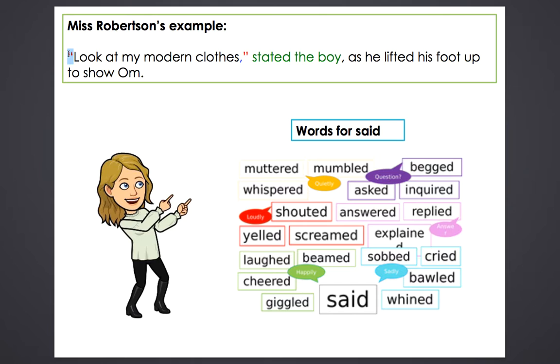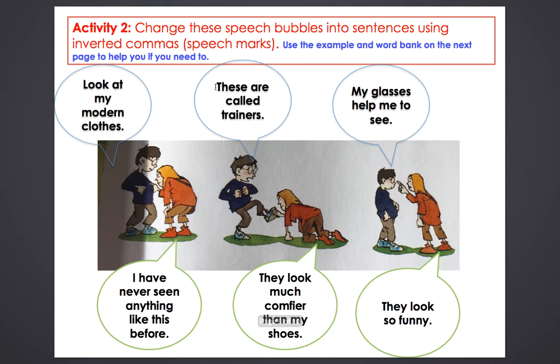So I've got my inverted commas because that's what's been spoken. And then I've got my reporting clause, stated the boy. And then I've even done a little challenge. I've got my subordinate clause, as he lifted his foot up to show Om. Okay, and then I would work through the rest of the examples and put in the missing punctuation and the reporting clause.